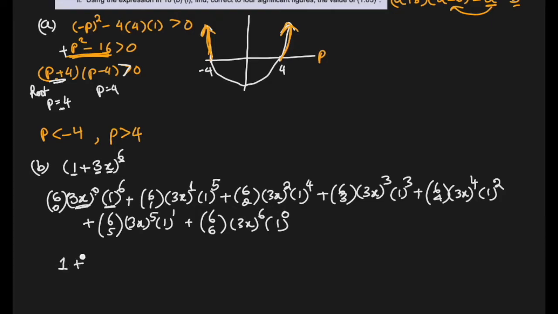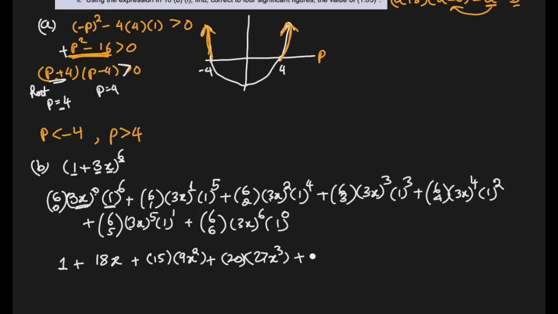The first term is 1. 6c1 is 6 times 3 is 18x, and because 1 to the power 5 is 1, so 18x plus 6c2 is 15. 3x squared, 3 will also be squared, so it will be 9x squared. And 1 to the power 4 is 1. Plus 6c3 is 20. 3 cube is 27, x cube, 1 ignored.